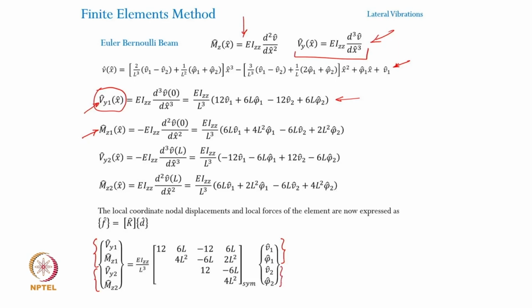Okay, so these four relations you can reform into a matrix form, and this now again takes the familiar form of the nodal force relating to the nodal displacements through a matrix called the element stiffness matrix. So by again following basic solid mechanics, one can get the element stiffness matrix representing one finite beam element.